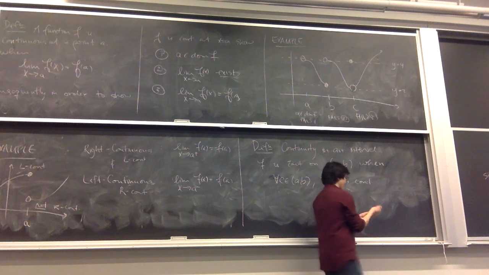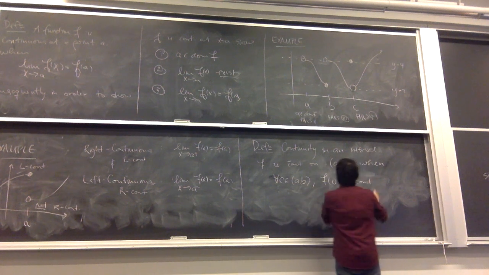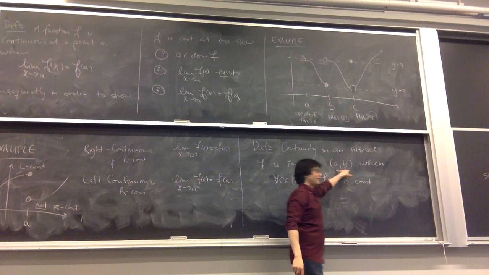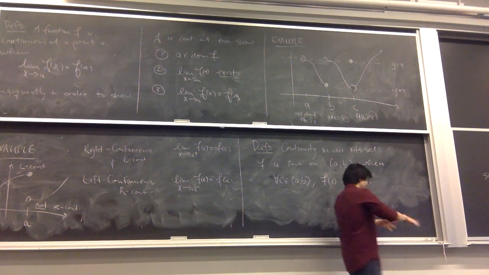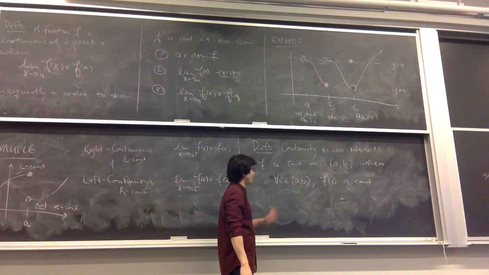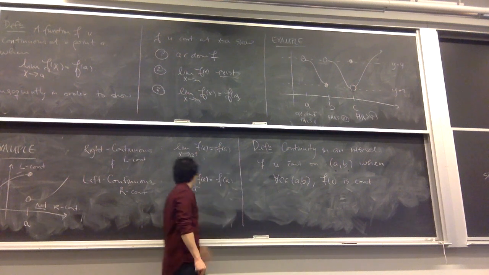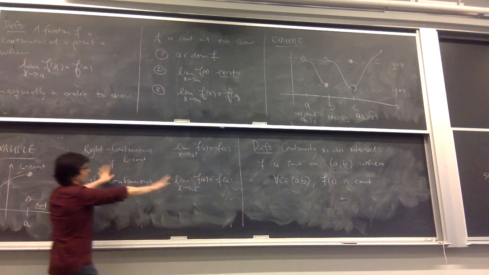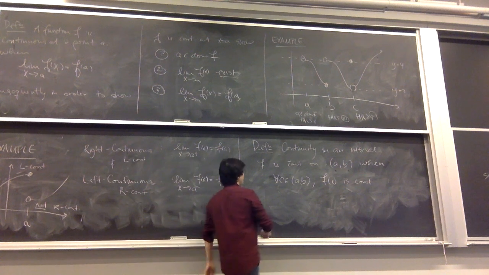Notice here, I have open braces. So far, you can't include the endpoints, since nothing is continuous at its endpoints. However, I just gave you the definition of right continuous and left continuous.